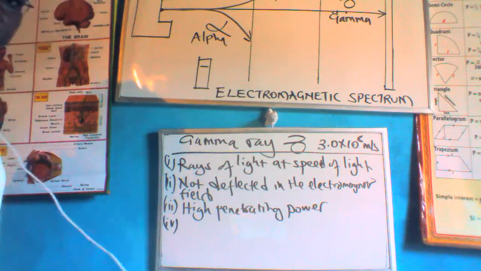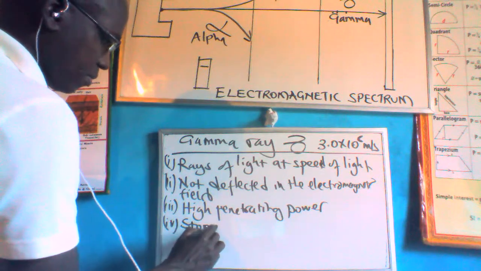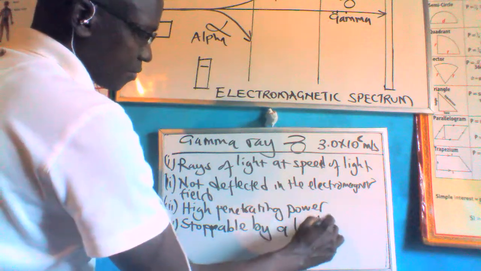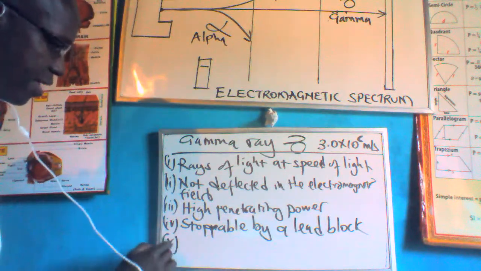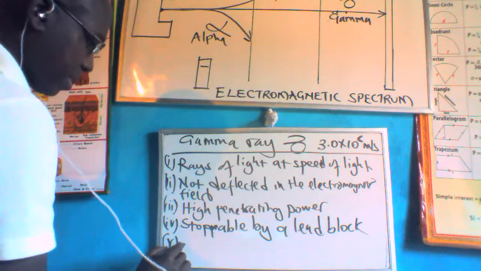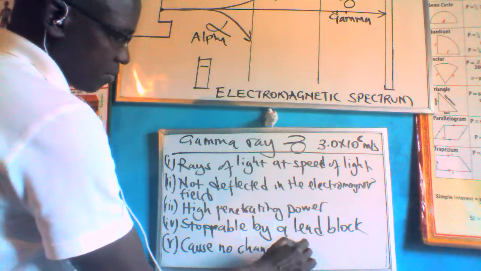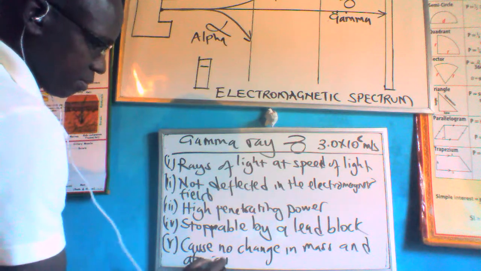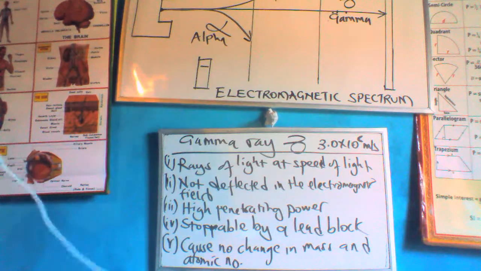Number 4, they are stoppable by a lead block. And number 5, when they are emitted, they cause no change in mass and atomic number. So, as you can see, that is what we are referring to as the gamma ray emission.